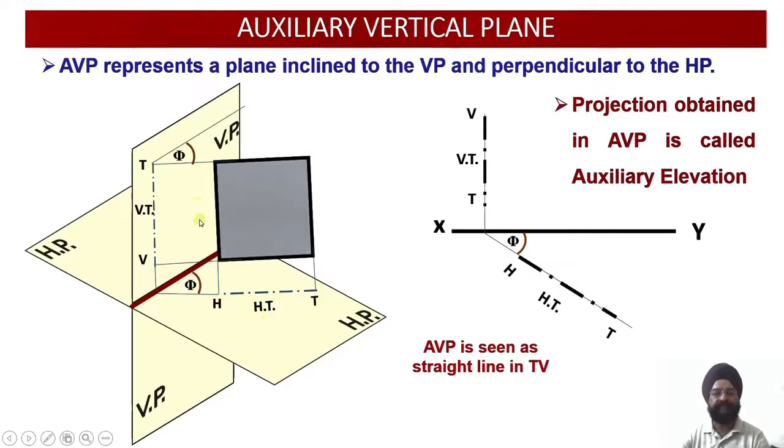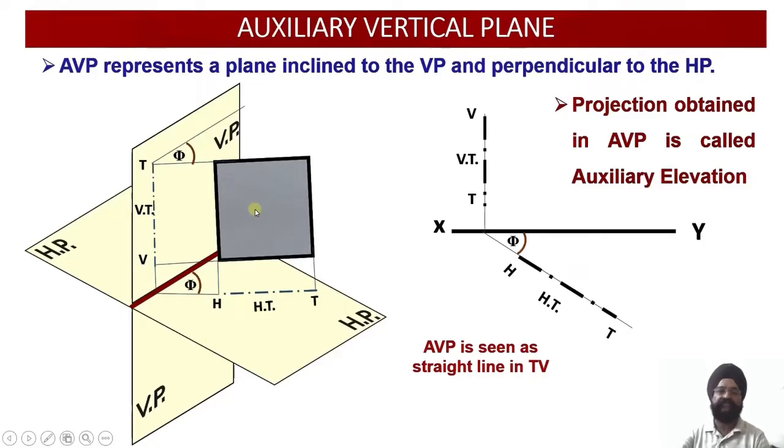Similarly, if we extend this AVP towards the vertical plane, then the intersection of this AVP with VP will provide us with the vertical trace of the plane. The vertical trace is vertically upwards with respect to the XY line, and the top view will show us the horizontal trace, which will be inclined at an angle phi. The view obtained on the AVP is called auxiliary elevation.